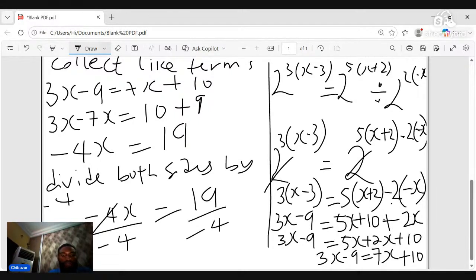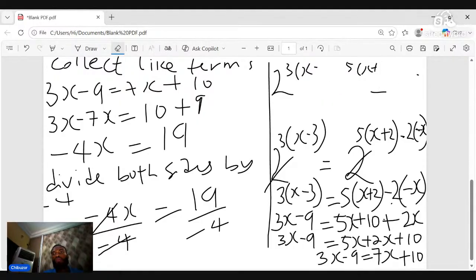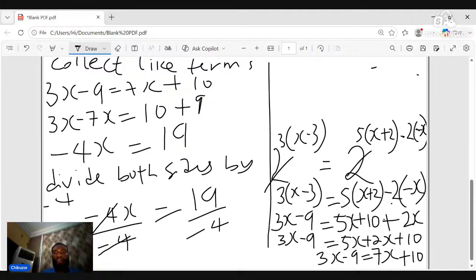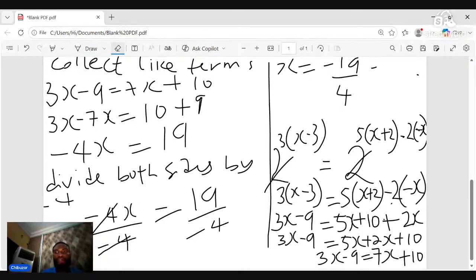So this will cancel this. We'll have x is equal to minus 19 over 4 as the answer.